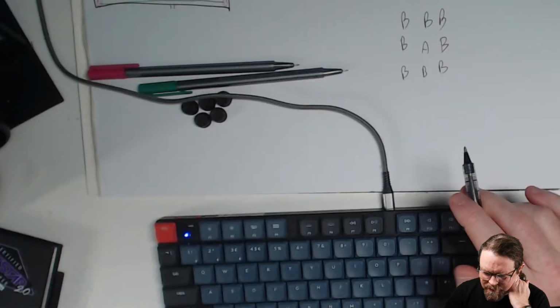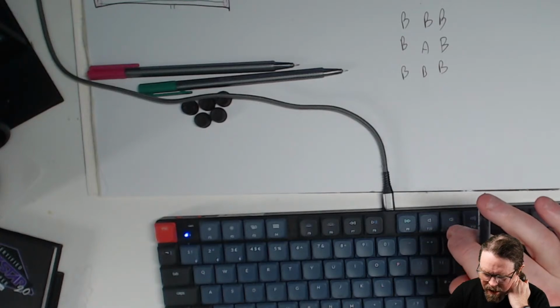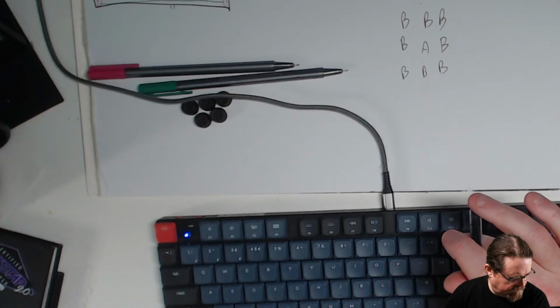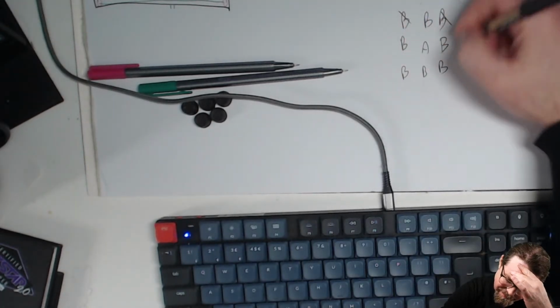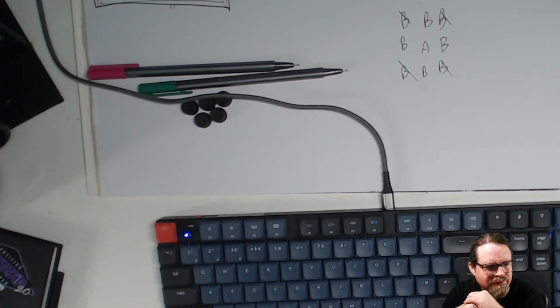So what we want to do is, if A has... so we can probably ignore that one, that one, that one, that one, right? Yeah, the diagonals should never matter.